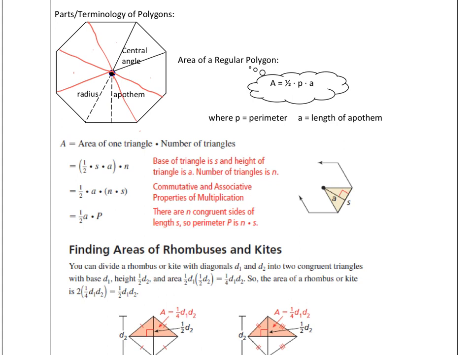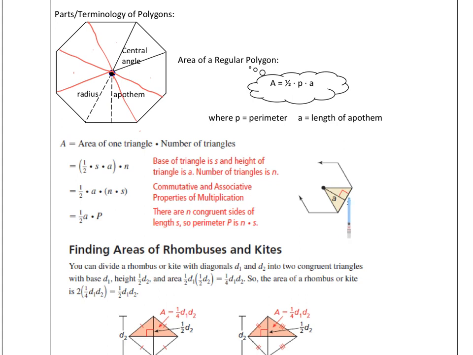So I end up with the area of one triangle, which we could say is 1/2 times the base times the height. So that's 1/2 A times S, or 1/2 S times A, the way they wrote it here. And then if I get rid of these parentheses, you can use the commutative property. What you will notice is the number of sides times the length of that side is going to be your perimeter.